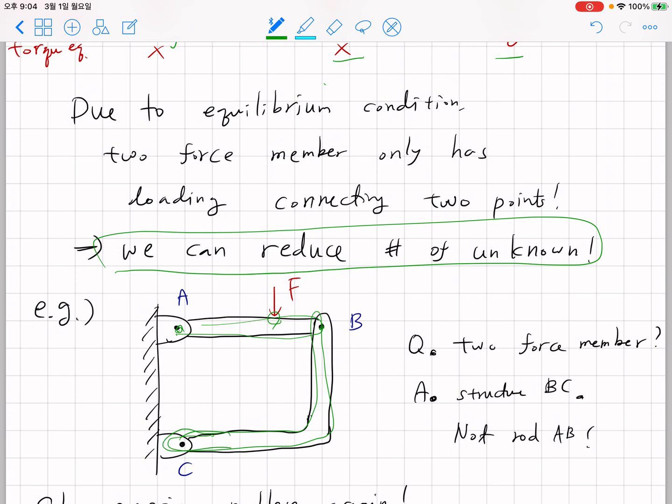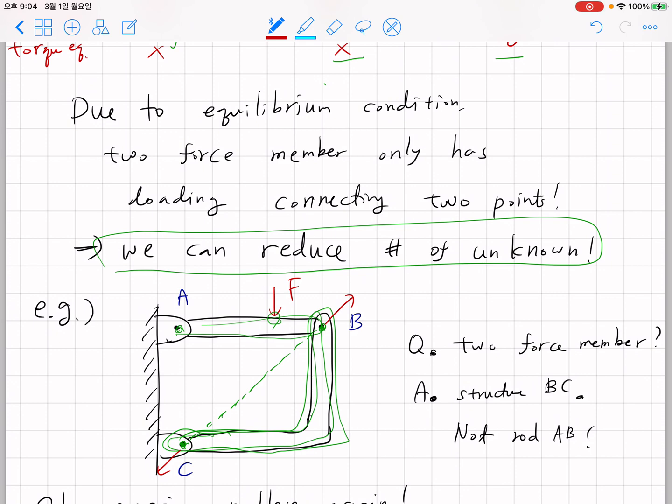However, if you consider this BC structure, what you can identify is there is a location with a force and there is another location with a force. So structure BC is a two-force member. If structure BC is a two-force member, we can imagine a line connecting these points B and C, and you can identify that the force will act along this line.